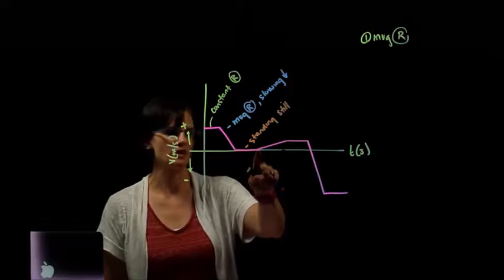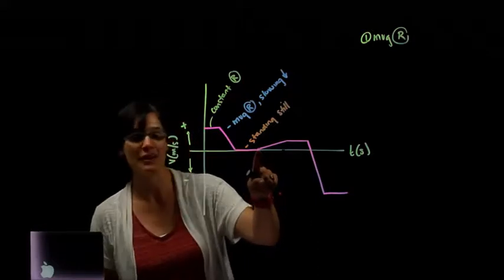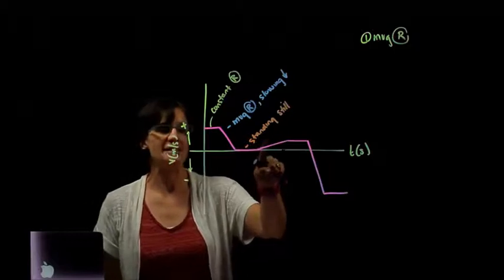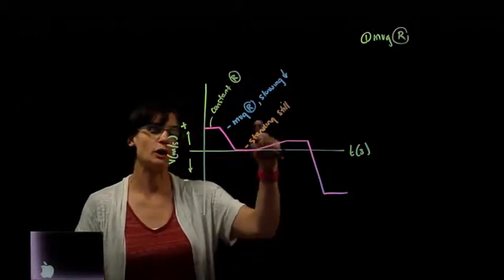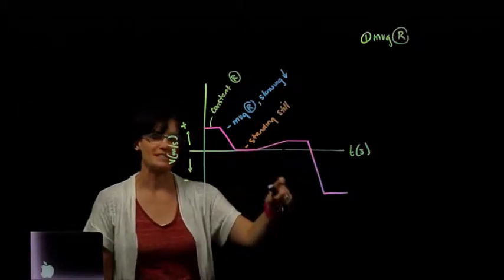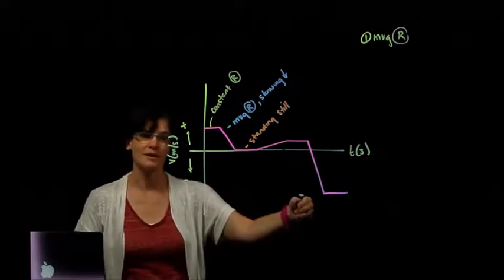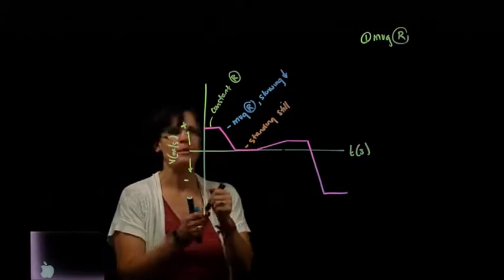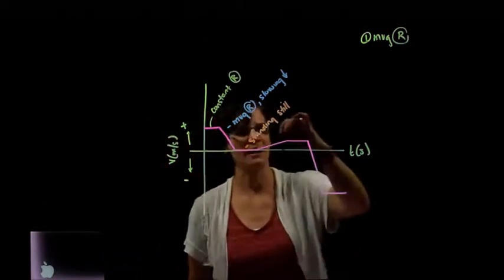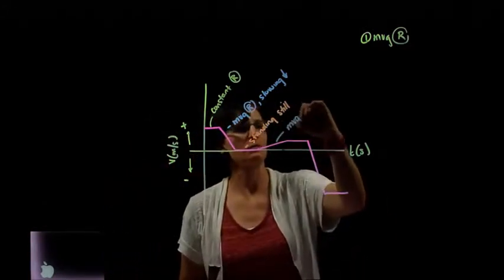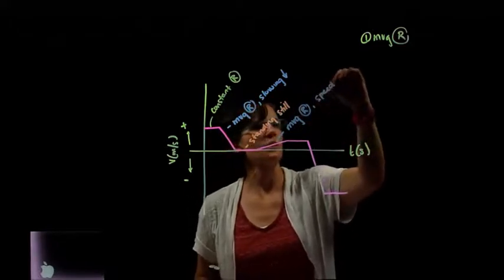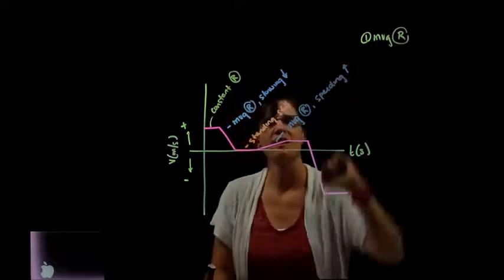It starts to increase the value of the velocity, so the object is starting to move. As time goes on, that value is getting bigger and bigger, so the object is getting faster and faster. Is it moving to the right or to the left? It's above the axis, so it must be moving to the right. During this phase, we're moving to the right and speeding up.